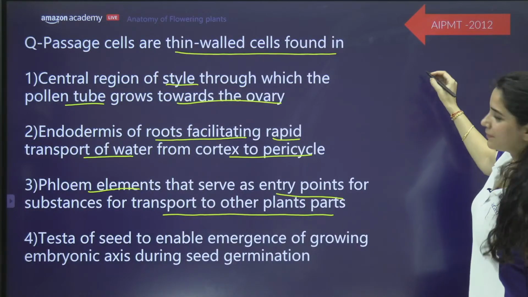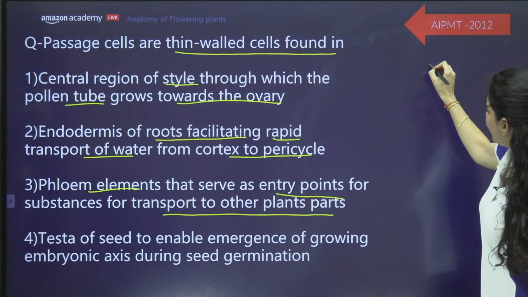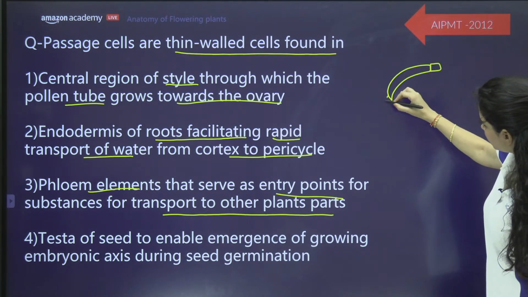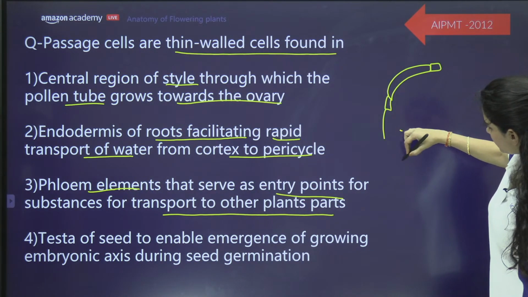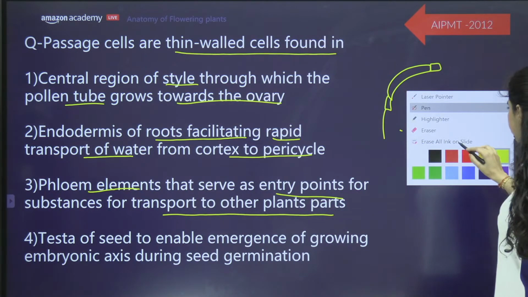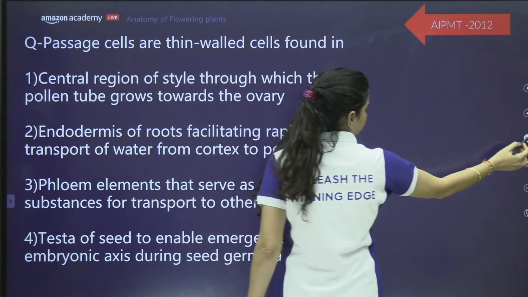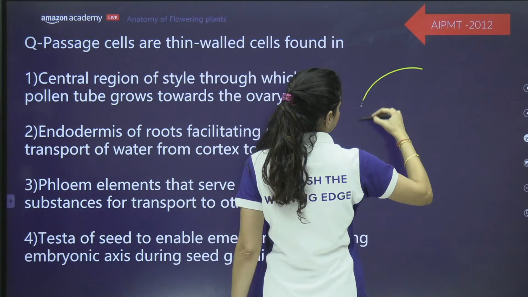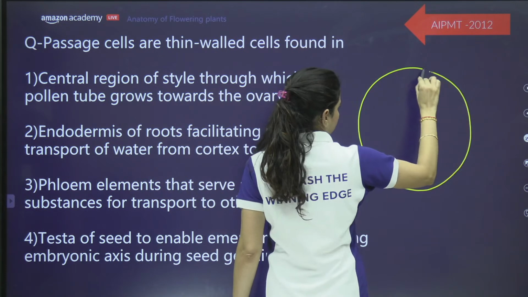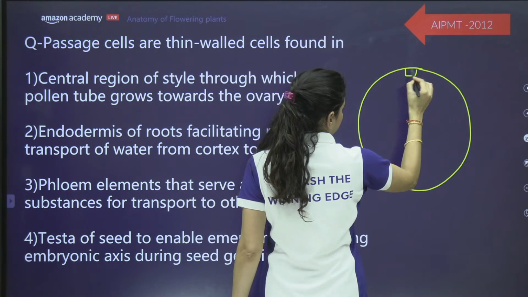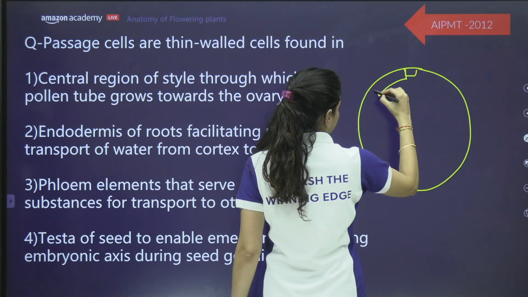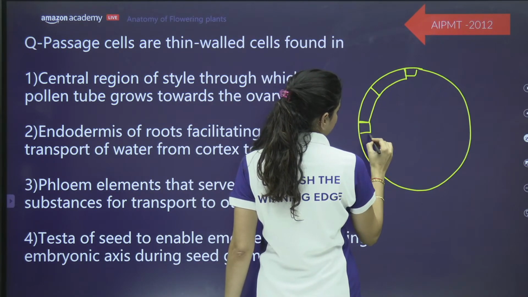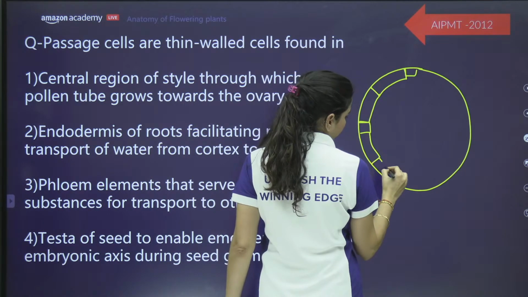So passage cell अभी बताया मैंने, ये मान लो तुम्हारा एंडोडर्मिस, एंडोडर्मल सेल्स पता है बैरल शेप होती है, बैरल यानी कि ड्रम शेप.